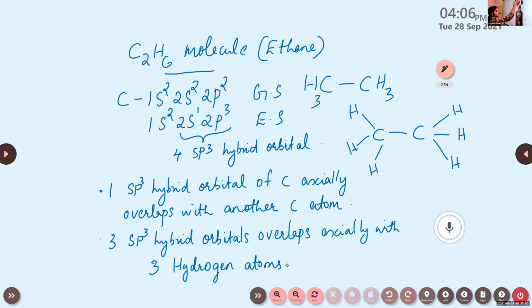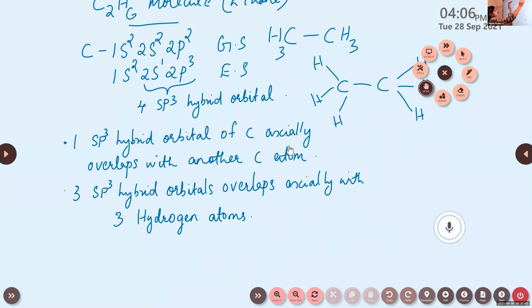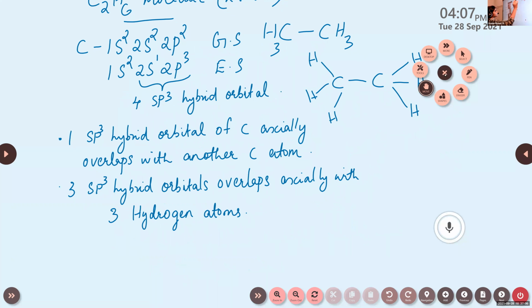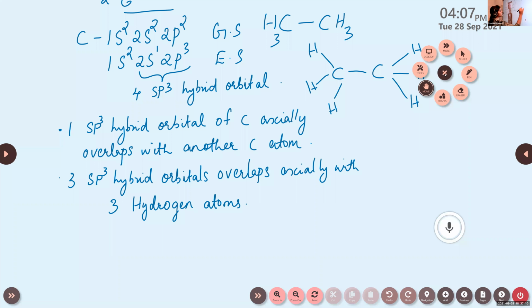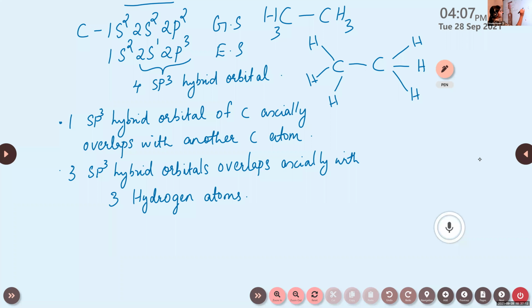Clear? So that's the formation of the C2H6 molecule. I will draw the structure of their overlapping. Just wait. Here you can see that there are 2 carbon atoms and they overlap axially with each other. Each hydrogen atom has an s orbital, right?